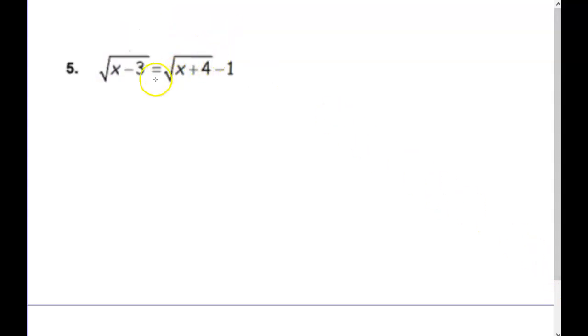So on number 5, you can't isolate the radical here. If I move one radical over to the other side, I'm going to have 2 radicals. Let me just show you something. Don't write this down. If I move... Oh, no. What does your number 5 say?